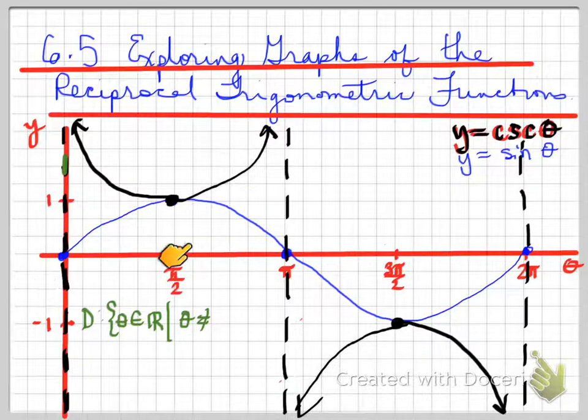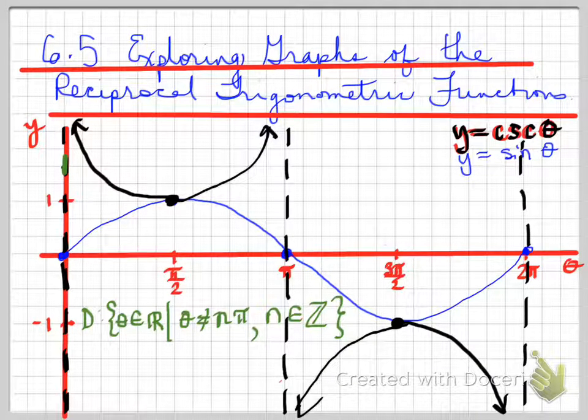So we have it at 0, pi, 2 pi, 3 pi, 4 pi, 5 pi, and so on. So what we're seeing here is that every pi, it's growing. So theta cannot equal n pi, where n belongs to the integers.